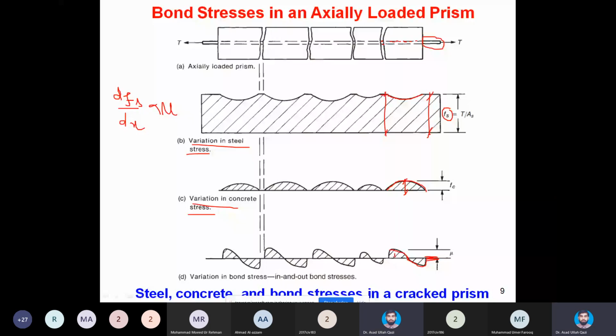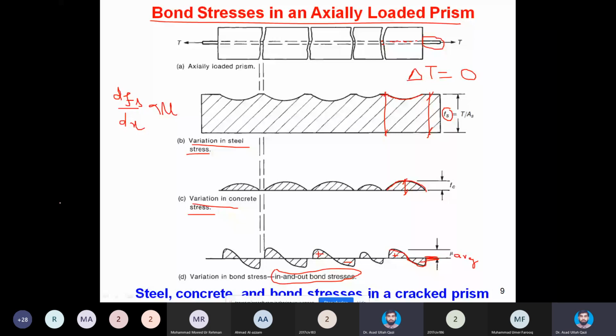And if you want to take the average now, it is right in the mid. The average is right in the mid because equal areas are negative and positive in this ideal test, which is the axially loaded prism, in which delta T, by the way, is zero. And we call these in and out bond stresses. So if you can get this true bond stress and its plot, then mathematically you write a function to define the variation of true bond stresses, and if you integrate that function, you can get the area underneath.